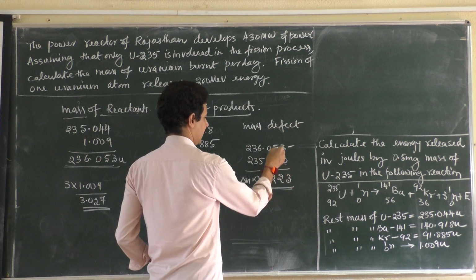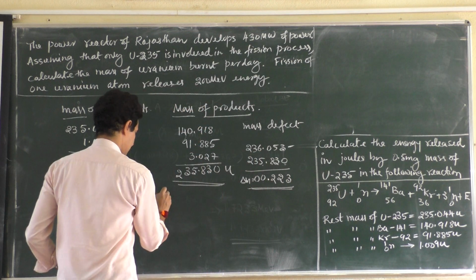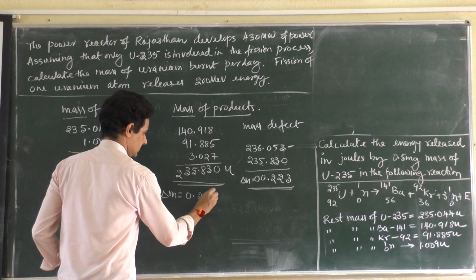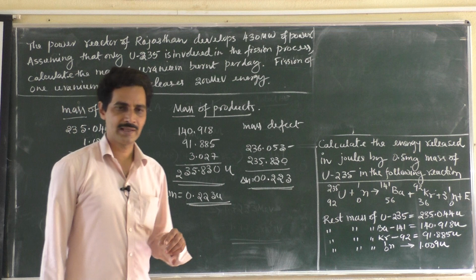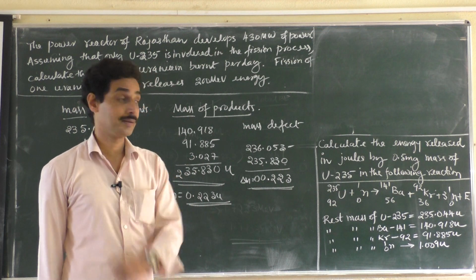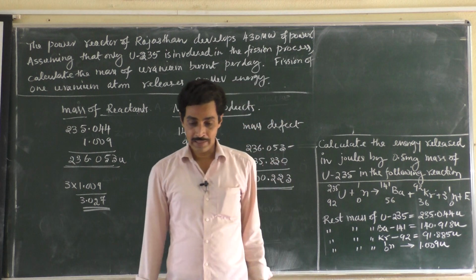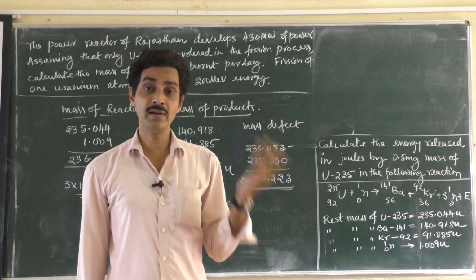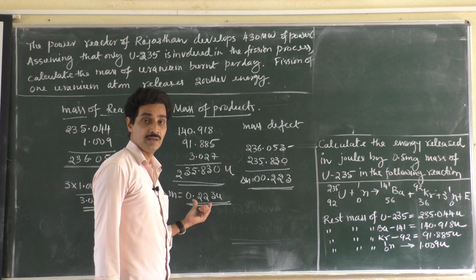So delta M is 0.223 U. This is the amount of mass that has been lost in every fission. Remember, in one fission, only one fission. And how many such fissions occur? Suppose that counts for 100 fissions. When 100 fissions occur, 100 times this mass will be lost.